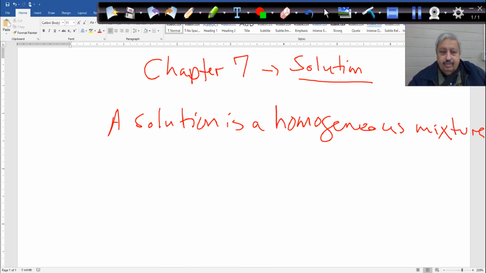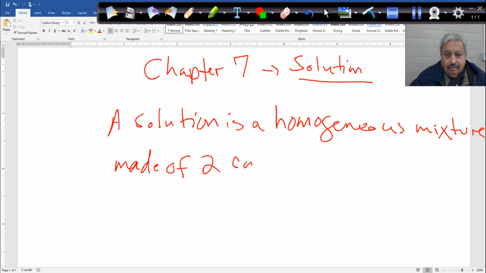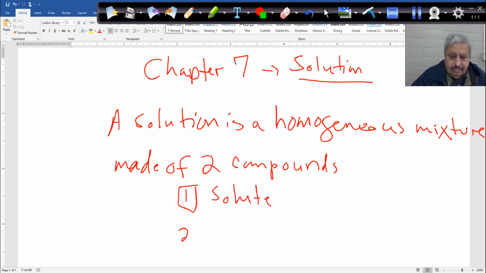Okay, guys, this homogeneous mixture is made of two components, two compounds or ions here. One is called the solute, the second one is called the solvent. So the solute is a compound that can be dissolved in a solvent, correct?